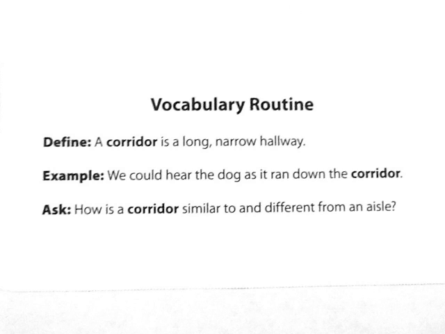So that means you're going to have to look up that word. Okay? Then you would say, a corridor is similar to an aisle, and then you would finish that sentence. And then your next one would be, a corridor is different from an aisle, and then finish your sentence. All right? Got it? Okay. Pause the video, write your question, or write your answer.